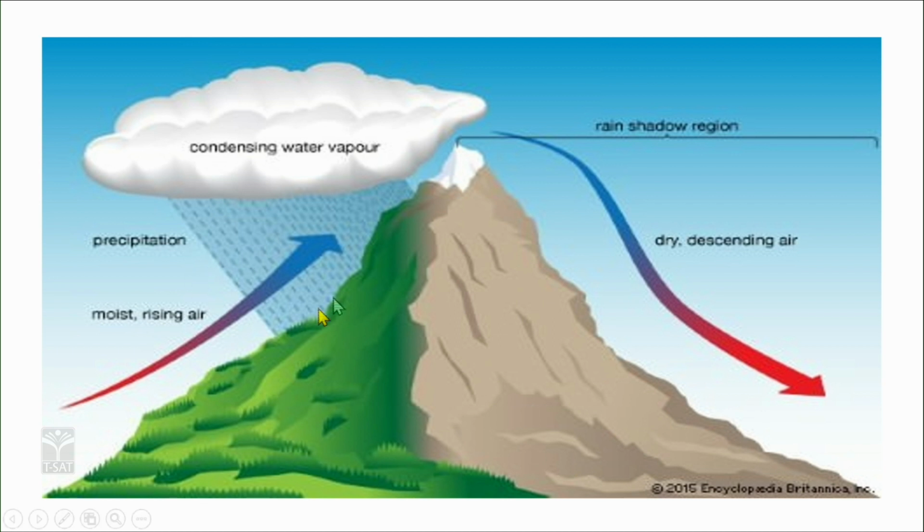The second factor is the lapse rate, because with the increase in altitude there is a decrease in temperature. Both these factors lead to saturation and to one of the regions in India with the highest amount of rainfall, in the western part of the Western Ghats, while the air on the east side of the Western Ghats becomes dry, leading to the formation of a rain shadow region. This is a classic example of orographic rainfall.